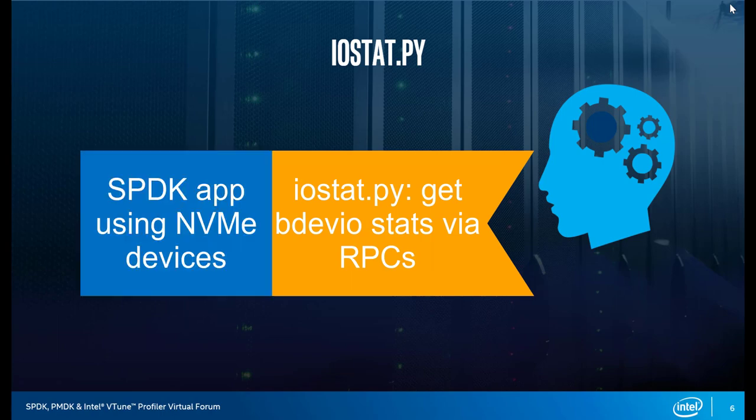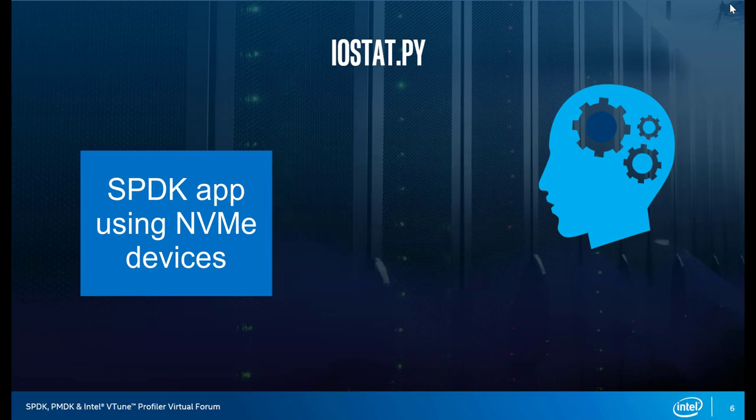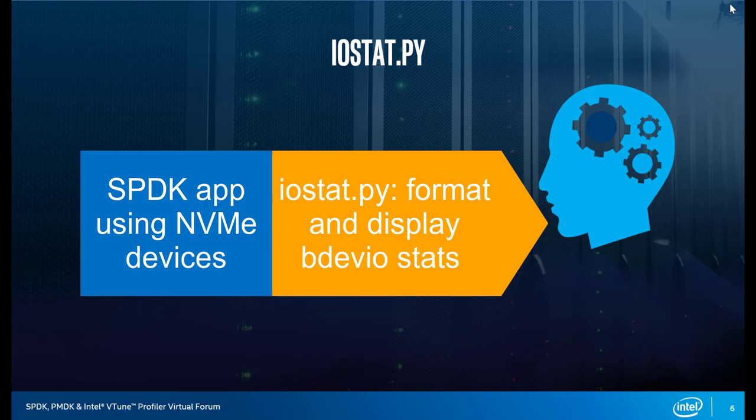The iostat.py script collects bdev IO statistics from an SPDK application in real time using RPCs, and then the script formats those IO statistics into a report that resembles the output of the standard iostat command. So when you look at the output of this script, it will look very familiar, and we will see that here in a couple of minutes.